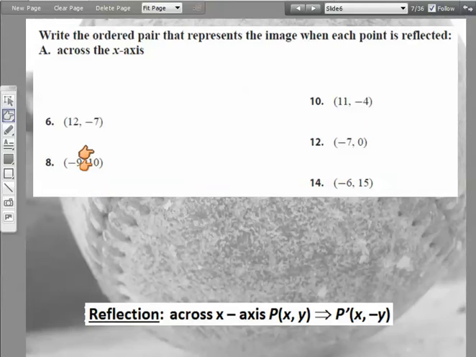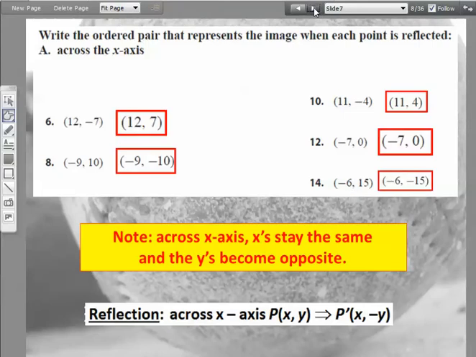Your y is always going to be the opposite change, your x's will stay the same. So these x's aren't going to change, but this -4 will become a +4, 0 is going to stay 0. It can't change. And a +15 is going to become a -15, so let's take a look at that. See how the x values stayed the same?